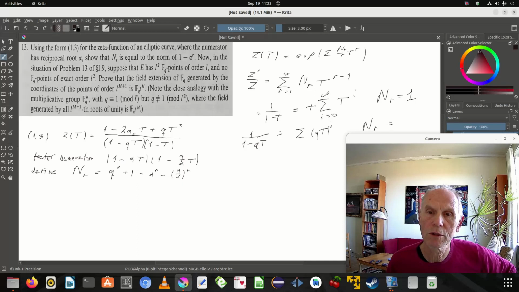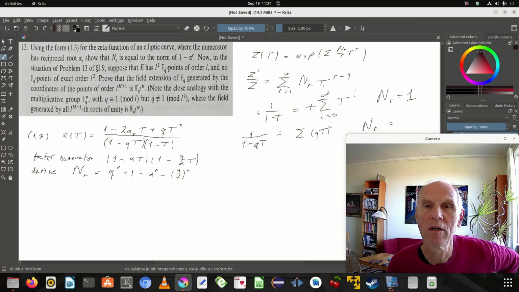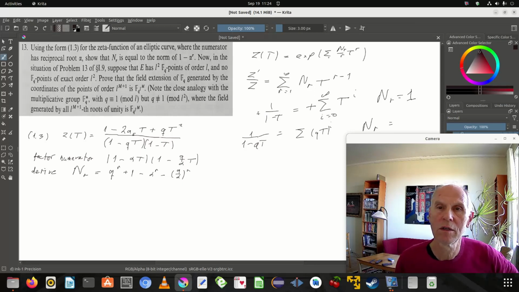So what comes to t to the, say, first is q to the first, and that should be n2. So that doesn't really agree here. Oh, that's strange. Here we sum from r equals unity to infinity.